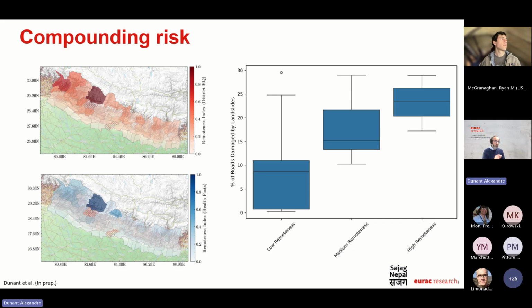And you can see that there is a compounding effect on the right, where as the percentage of damaged road increases, the remoteness is also higher. So you've got this compounding effect. It's not only that they are further away, but they are more likely to be blocked also by landslide. So if there is intervention to be done, you've got this sort of accumulation effect where it's just going to get harder to get support.